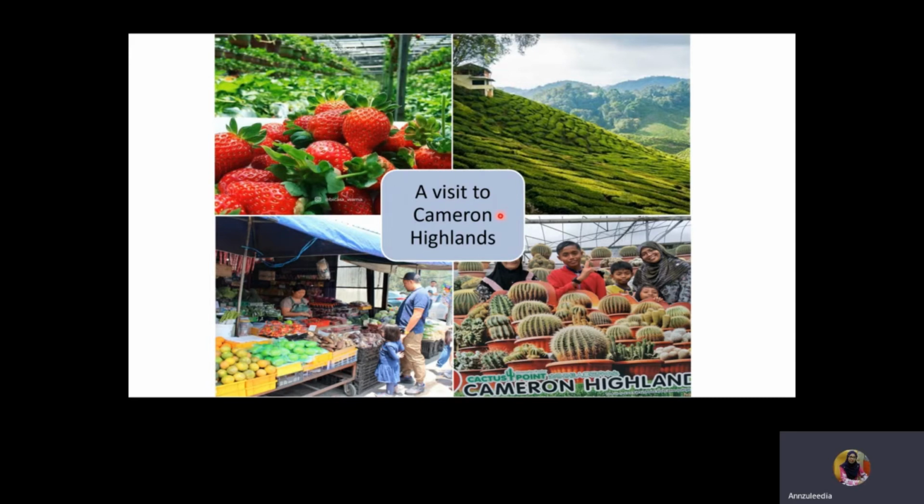Now we have 4 pictures. Number 1, a picture of strawberries. Picture 2, a picture of a tea plantation. Picture 3, some people buying fruit, vegetables, and other stuff, probably at a market. Picture 4 is about a family at a cactus market, farm, I don't know.